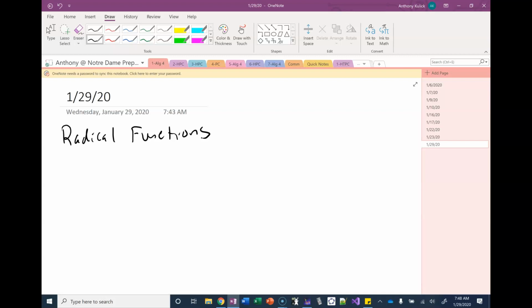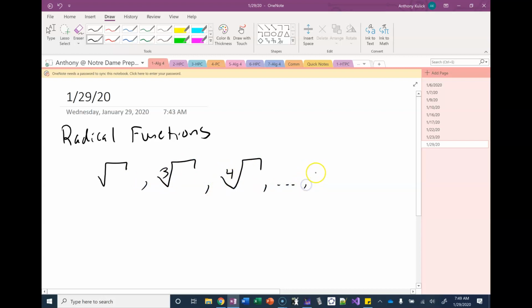And when we say a radical, what we mean are things like square roots or cube roots or fourth roots. In general, we would call these nth roots.